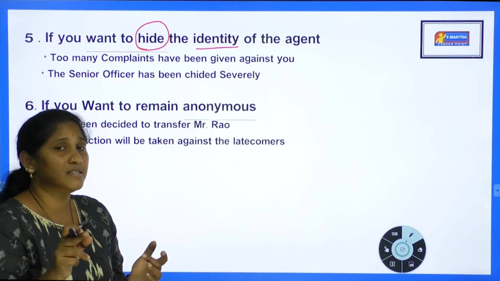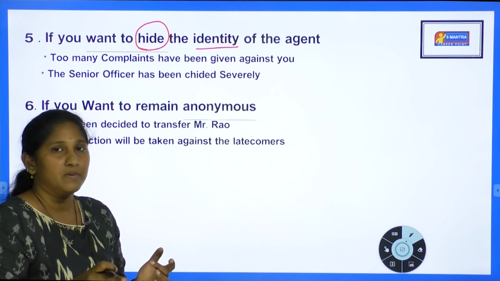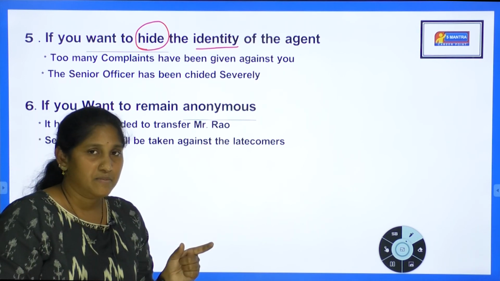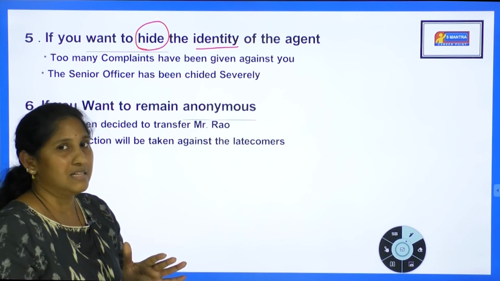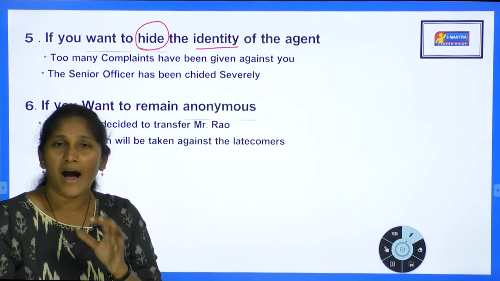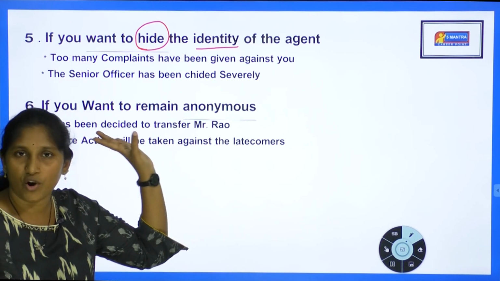So then you want to hide your friend's information. The action was done by your friend, but you don't want to reveal it. So in that case, you can use the passive form of sentences.